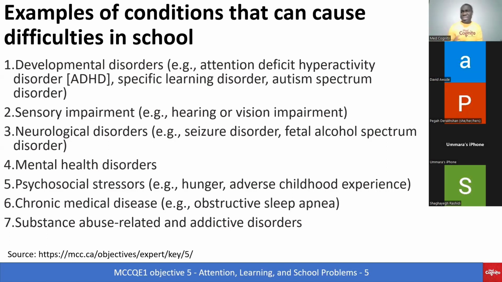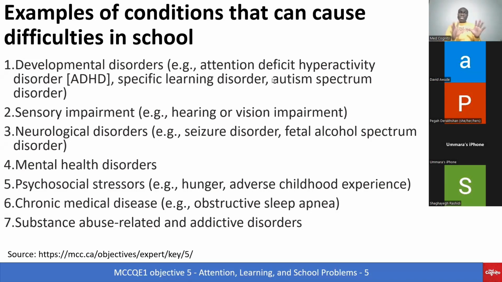Adverse childhood experience like abuse. And then children with obstructive sleep apnea, as well as, because of the prevalence of drugs of abuse, children who are exposed to substance abuse and children who have addictive concerns.